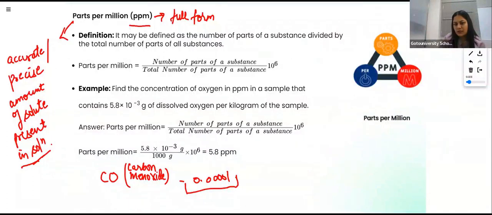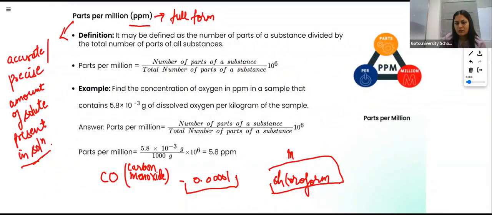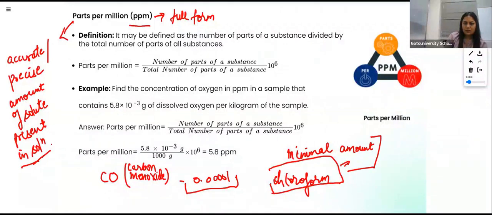Other example is chloroform. To give chloroform to someone to faint them, we use a very minimal amount, right? If we give them a large amount, it can cause the person to be fainted for several days, right?